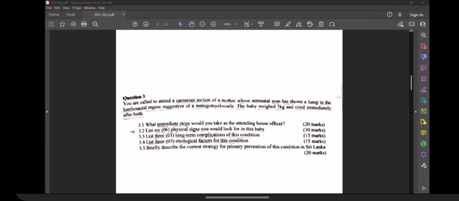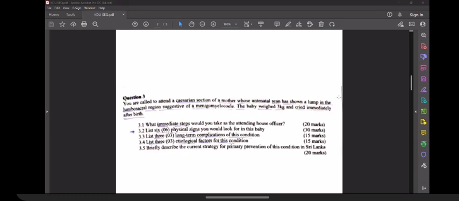During the breastfeed, take care and advise the mother not to allow the lump to touch the rest of the body. You can continue breastfeeding, but taking adequate care of the lump, and it is being covered with sterile gauze. So that is all that is needed for the first part.